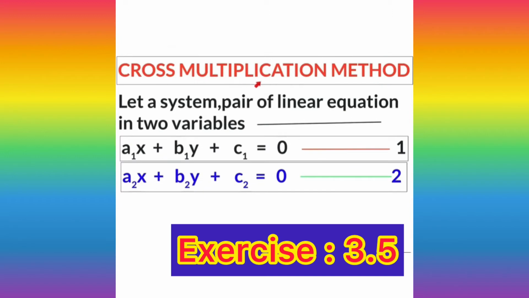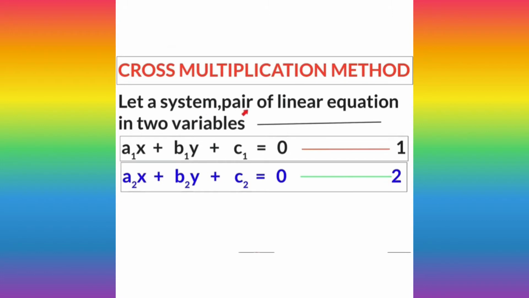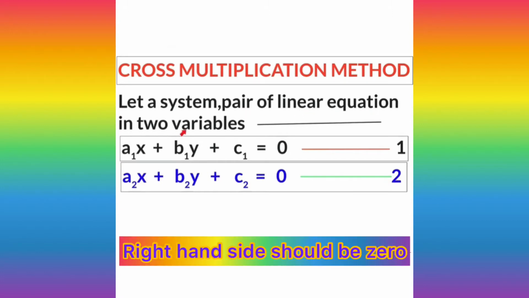In this method, first of all we take a system of pair of linear equations in two variables, that is a1x plus b1y plus c1 equal to 0, let this be equation number 1, and a2x plus b2y plus c2 equal to 0, this is equation number 2.